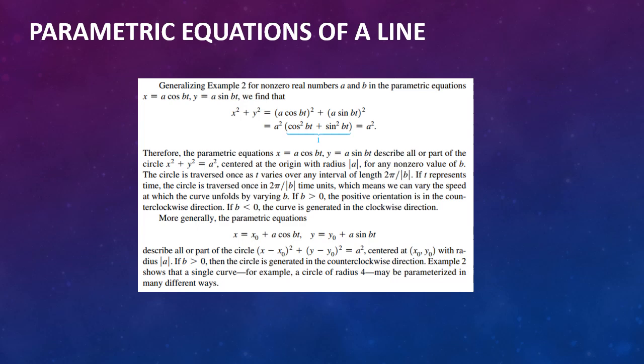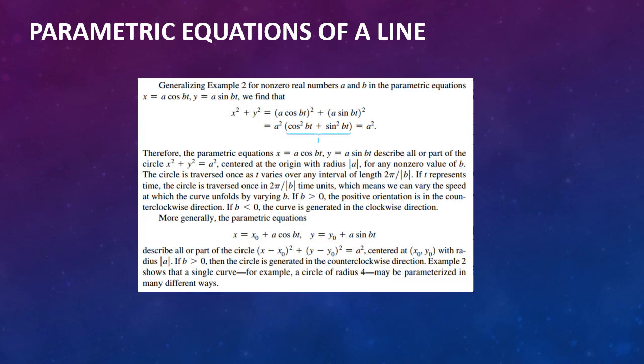If we look at generalizing example 2 for non-zero real numbers a and b in the parametric equations x equals a cosine bt, y equals a sine bt, we find that x squared plus y squared, which equals each of those terms squared, equals a squared times the sum of the cosine squared and the sine squared, which of course equals 1, which then equals a squared.